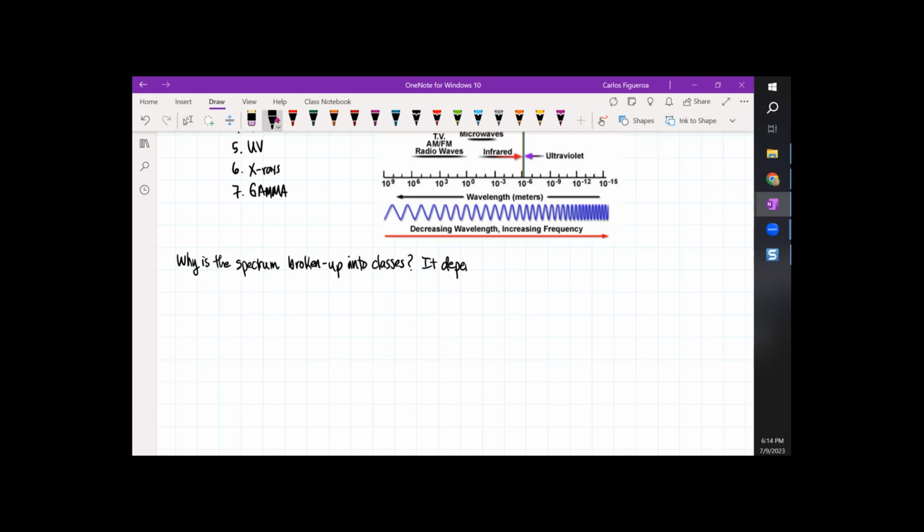It depends on the energy scale of the electrical interaction between one, protons and neutrons in the nucleus, and two, electron energy levels.